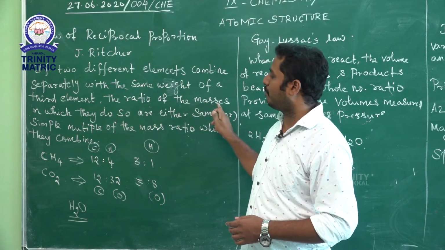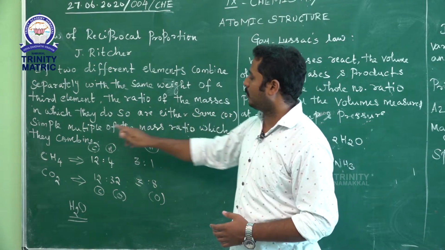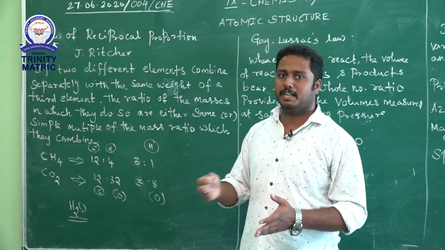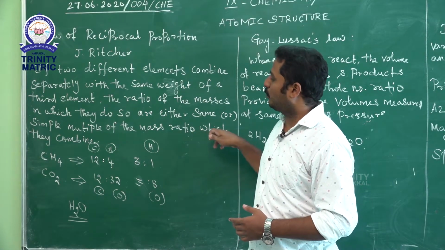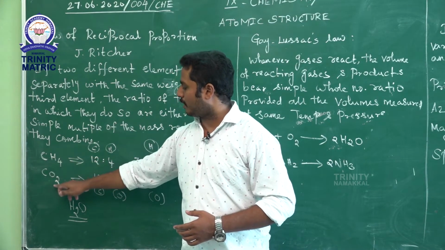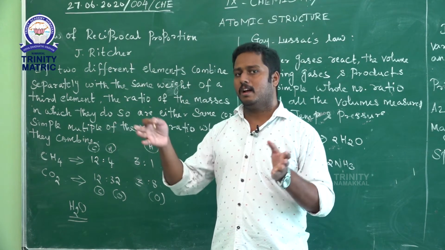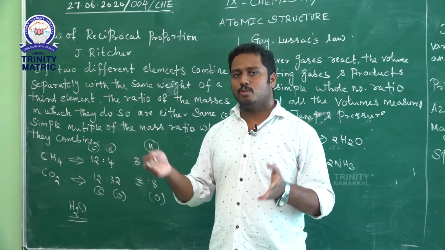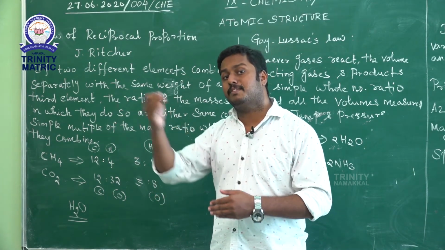The ratio of the masses in which they do so are either the same or otherwise simple multiples. So in methane and carbon dioxide, in both cases hydrogen and oxygen are assumed to be the two different elements. Those two different elements can combine with the same mass of the third element.